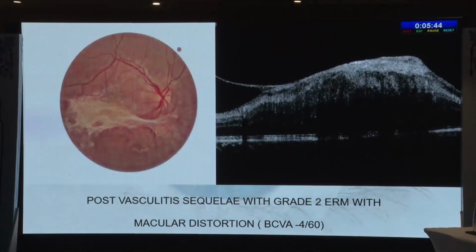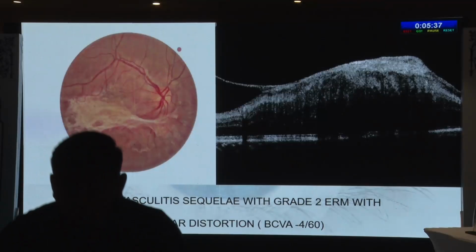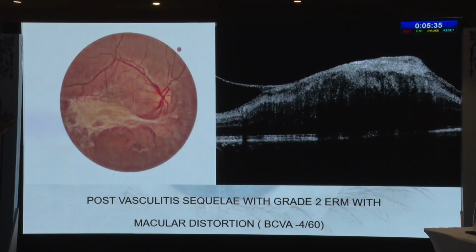So this was one of my cases where I used this. Of course, there was no objective way of deciding how adherent this ERM was. Clinically, this was a grade 2 ERM in a post vasculitis patient. It had a broad adhesion and looked very tight.